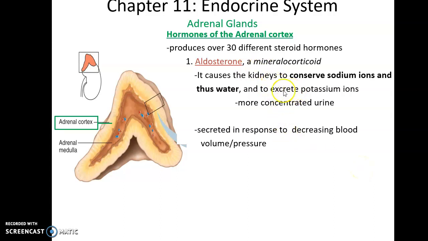And the kidneys also start to excrete more potassium ions. But the big effect is conserving sodium ions and therefore conserving water, making the urine more concentrated. This is in response to decreased blood volume and/or blood pressure. So again, conserving water, preventing it from being released in urine, will help decrease the loss of blood volume.